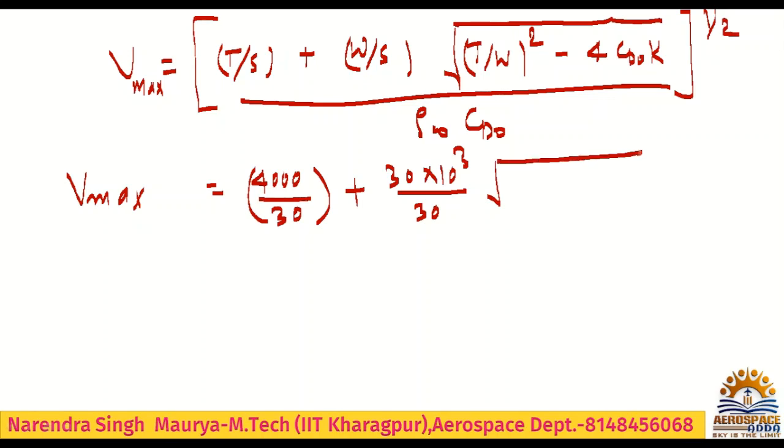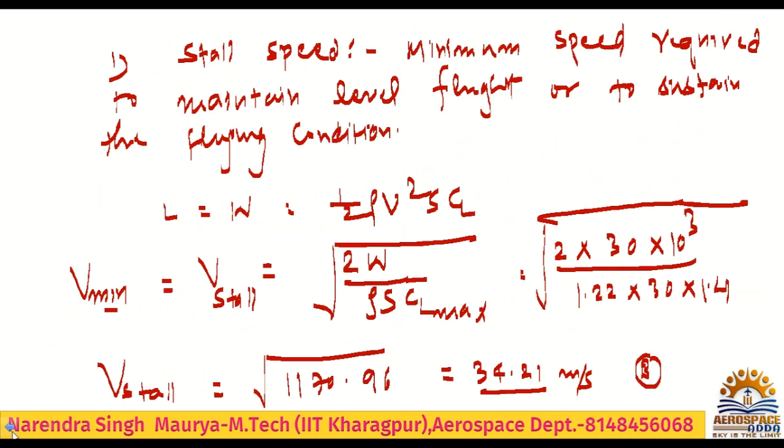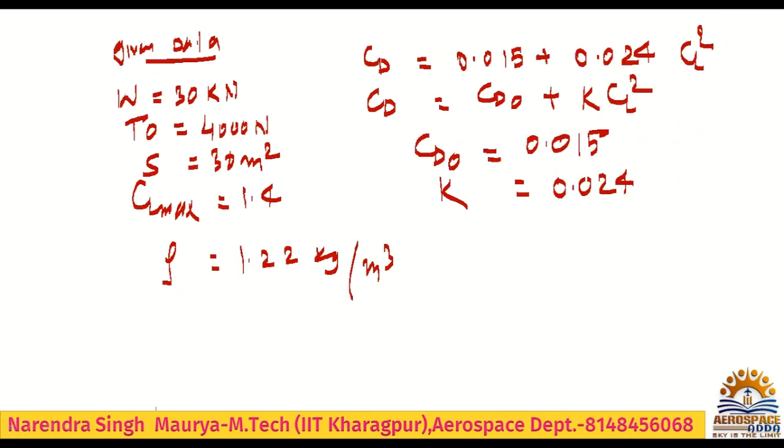So thrust is nothing but 4000, 30 into 10 to the power 3, squared, 4. Now we need to check CD naught. The rest of the values I don't remember. CD naught is 0.015. K is 0.024.